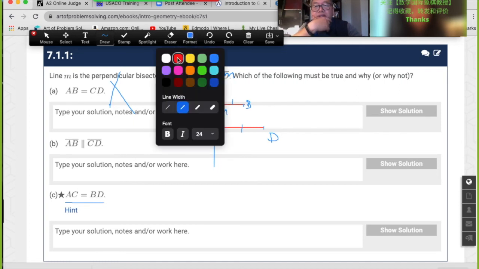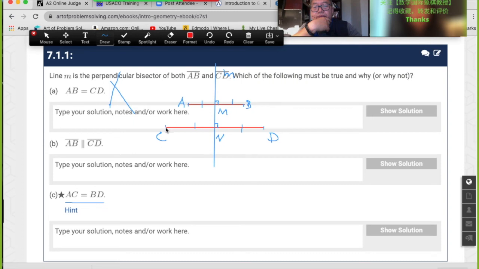And AC equals BD. They ask you this. No. Why? Because the part from AB's midpoint to B could be shorter. Can you give me an example?